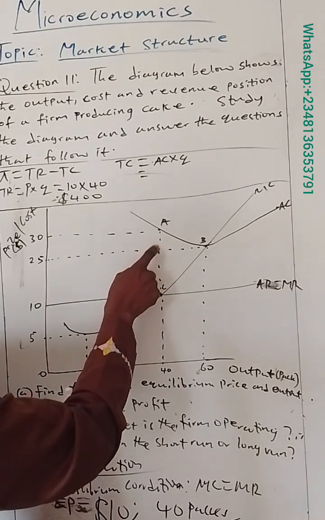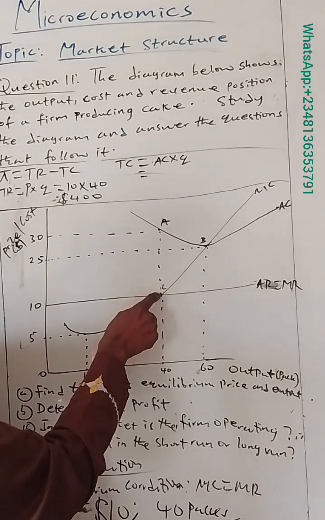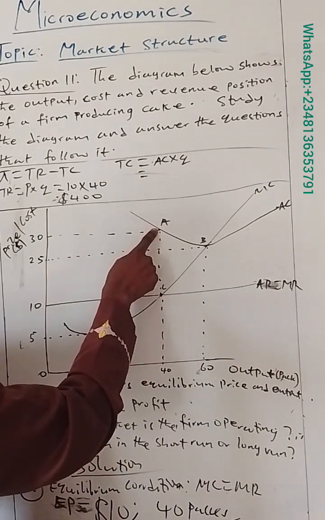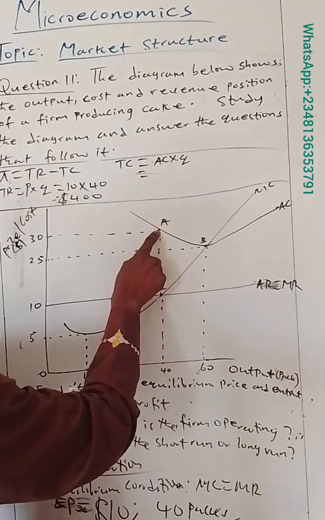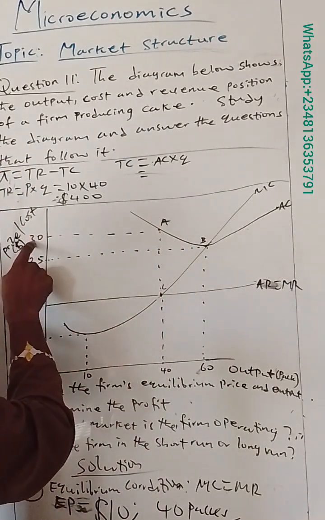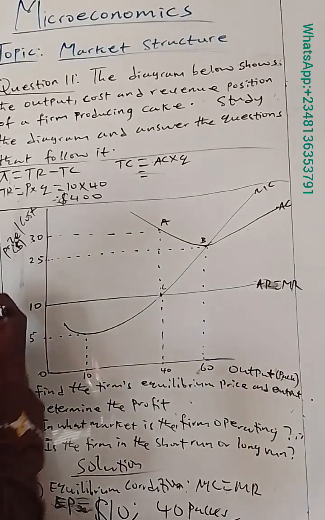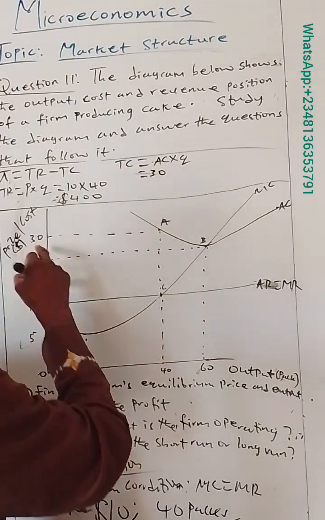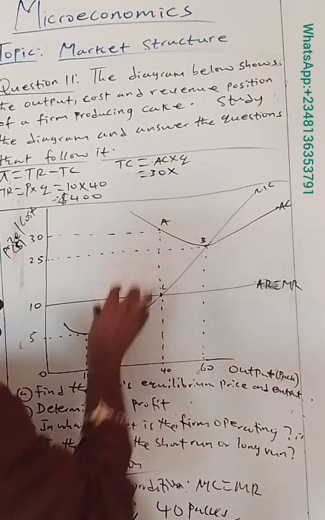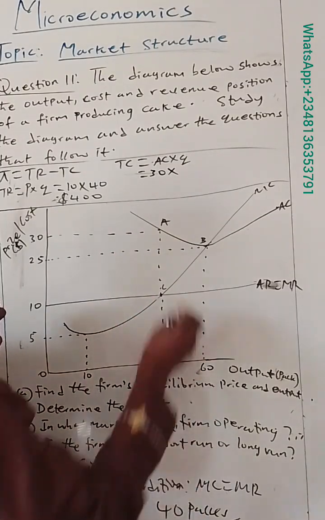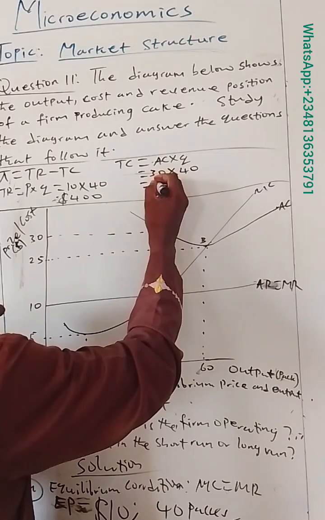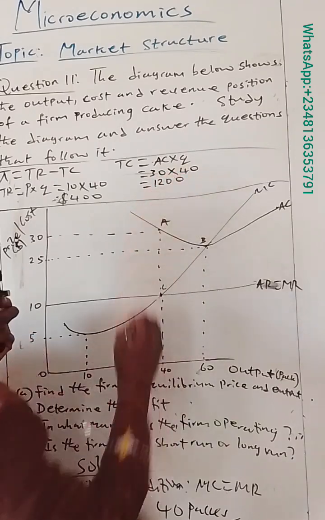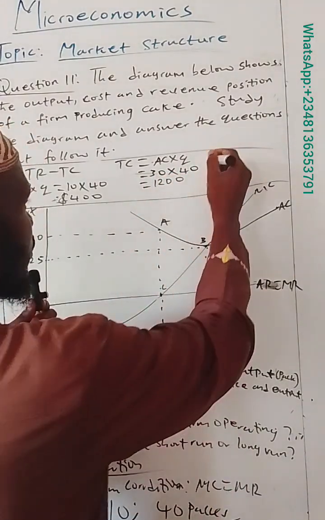So it touches it here, I trace it to the cost axis here, which is 30. Average cost is 30 multiplied by my equilibrium output, which is 40. Then the answer here is 1,200.